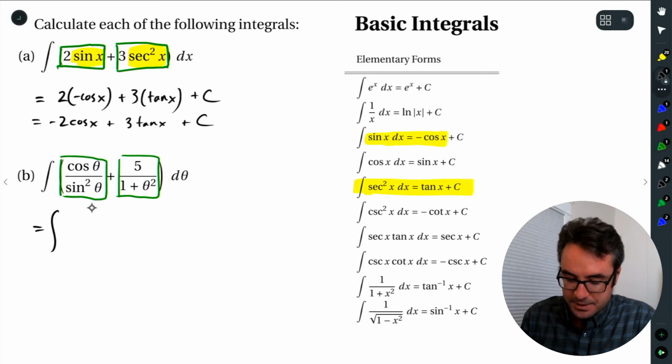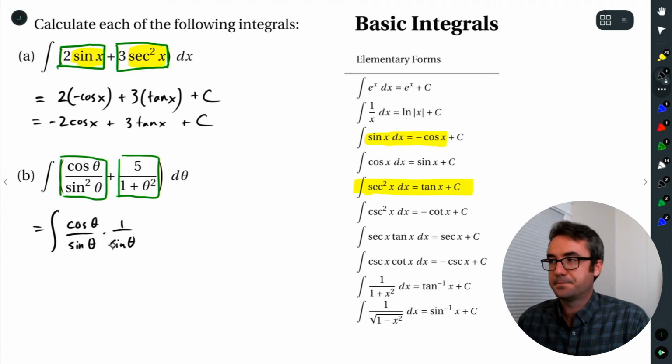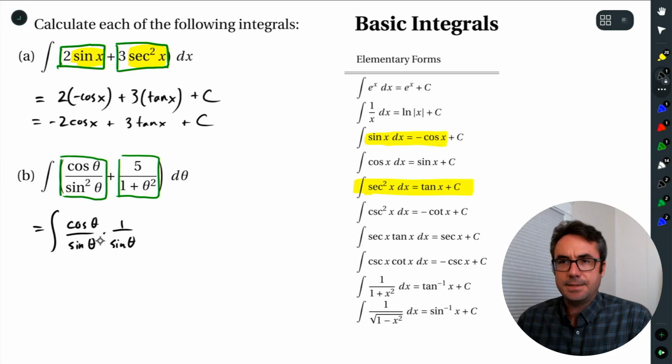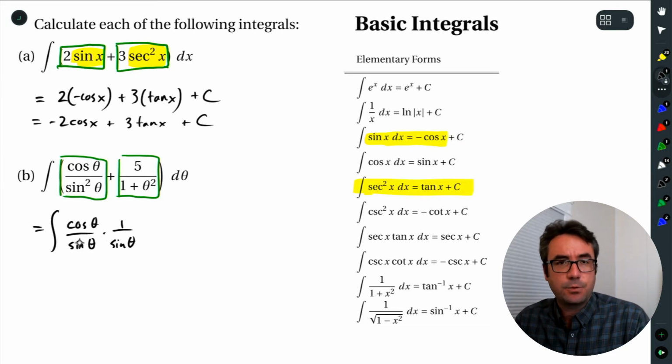I might split this up into cosine theta over sine theta times 1 over sine theta. And this is definitely equivalent. So sine theta times sine theta is sine squared. When we multiply fractions, we just multiply the numerators, multiply the denominators.